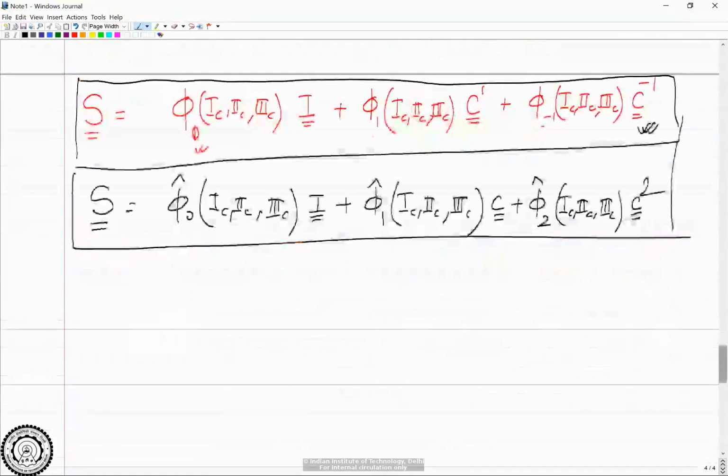Okay, are you guys with me? So this is the expression for second Piola-Kirchhoff stress tensor.